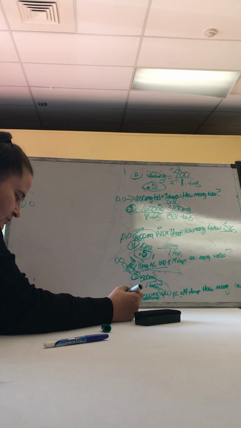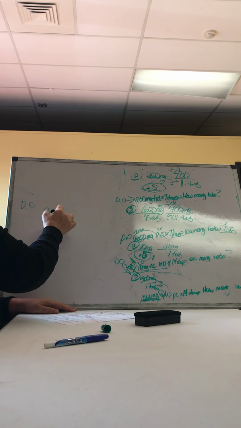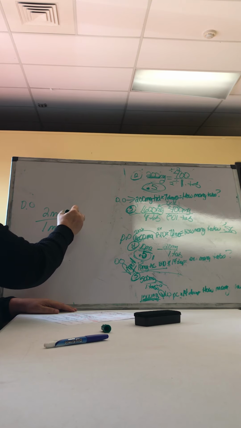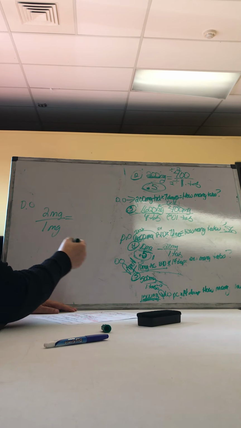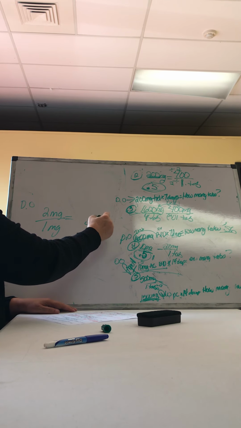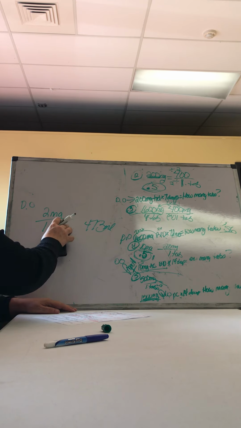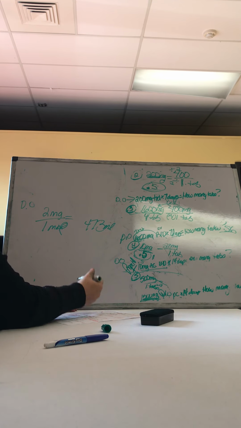So it just told you that you have 2 milligrams in 1 milliliter, right? That's what you got. Now, what they have in the pharmacy is 473 milliliters of that. So, how do I get there?